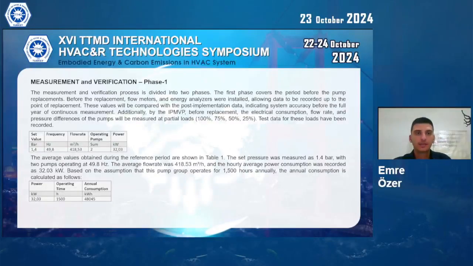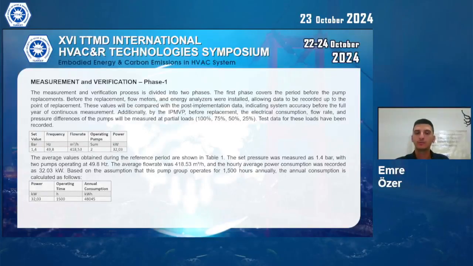In the measurement and verification part, we divided the process into two phases. In the first phase, we cover the period before the pump replacements. I mean, this phase basically represents our reference period.